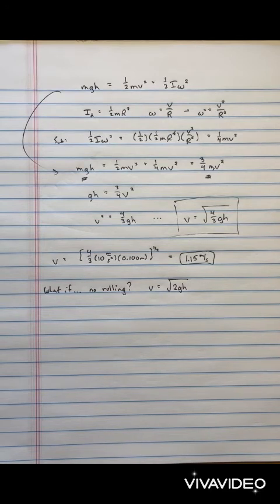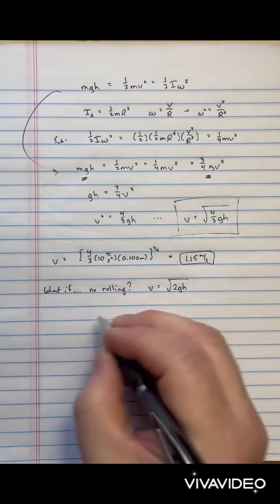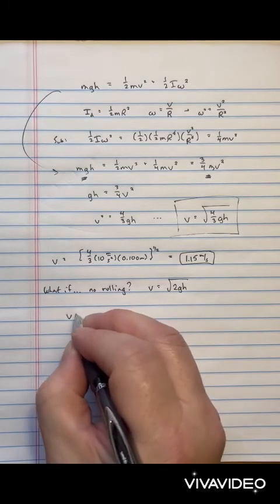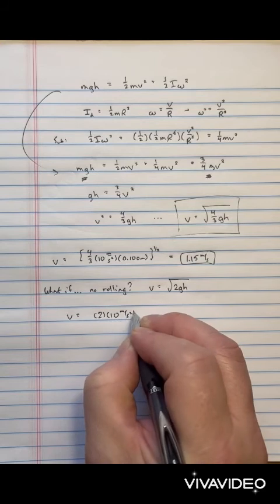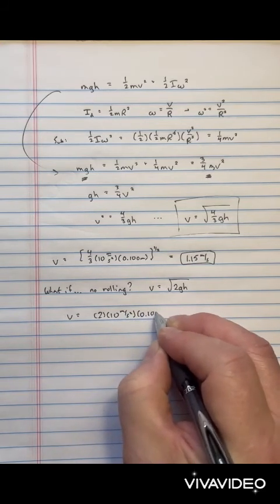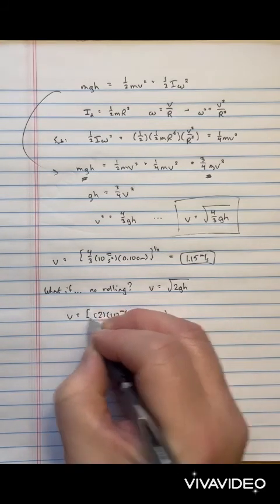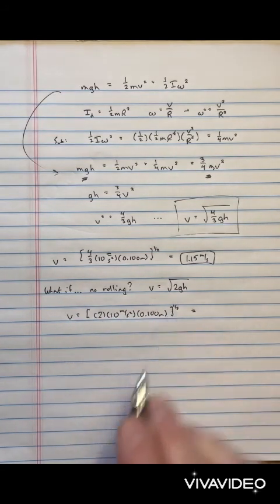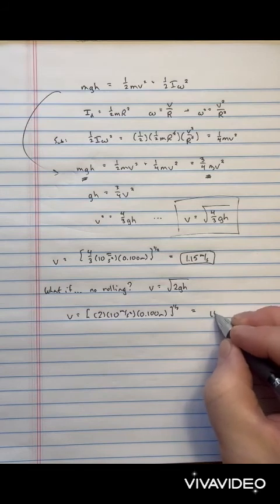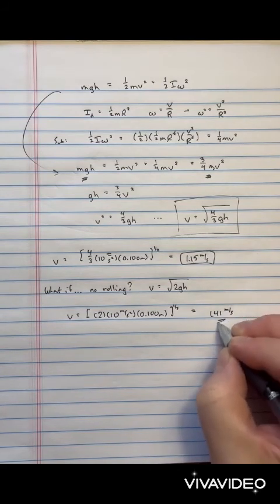It doesn't matter. So if we were to do that for these cases, then it's 2 times 10 meters per second squared for g, 0.1 meter for the height. Again, take the square root of everything like that, and your solution would be 1.41 meters per second.